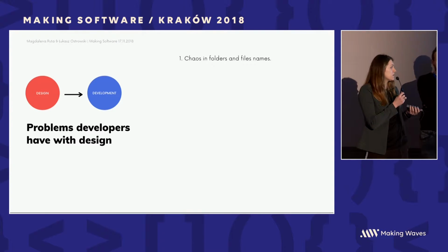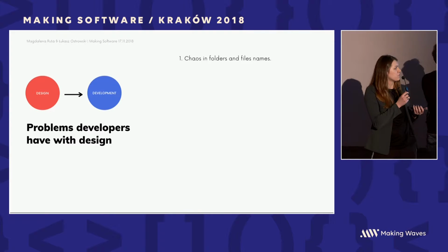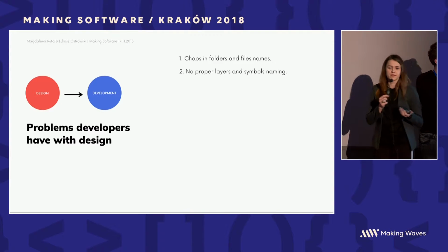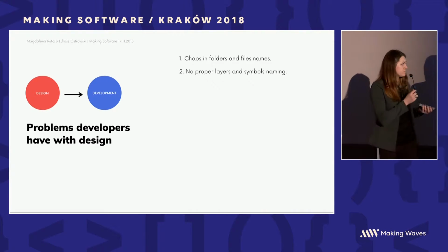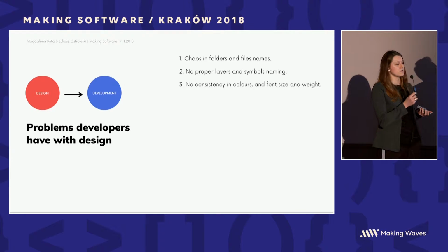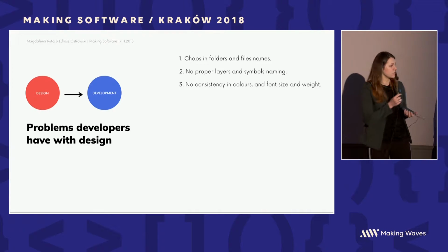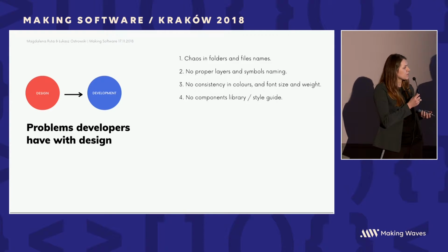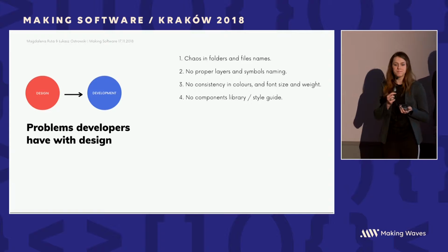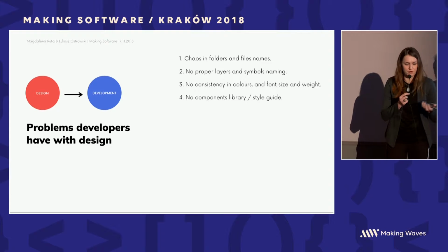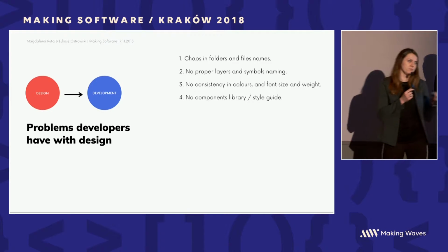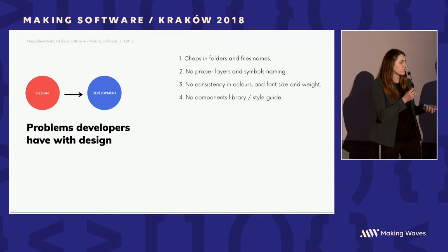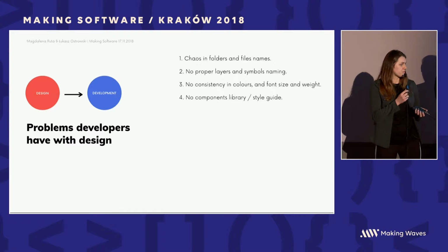The next thing is that you have problems with proper layer naming. And later there's no consistency in colors and all the elements like font size, weight, and so on. And there is no component library, so you don't really know if there are these 3 blue colors or just one. There's no style guide, so yeah.